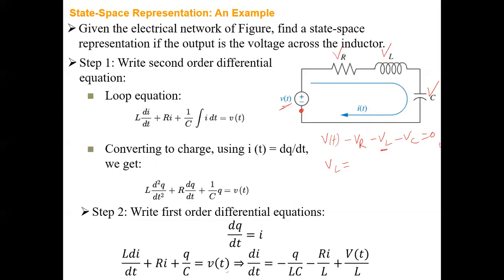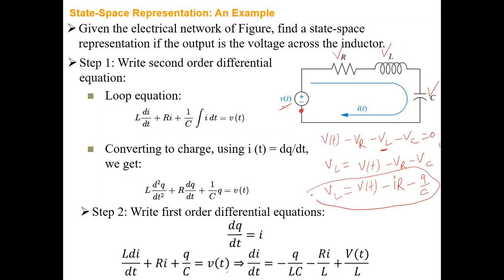VL is VT minus VR minus VC, right? What is your VT? We don't know. That's the source, right? What is your VR? Help me here. Guys, you need to help me, please. I'm lost. Can I call it I times R, Ohm's law? What is my VC? Q over C. That's my VL.